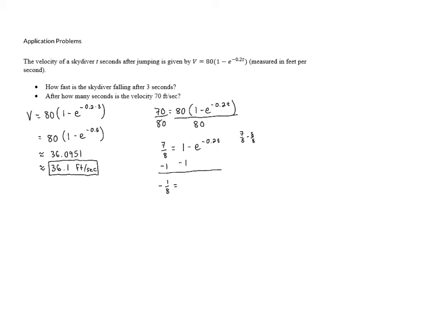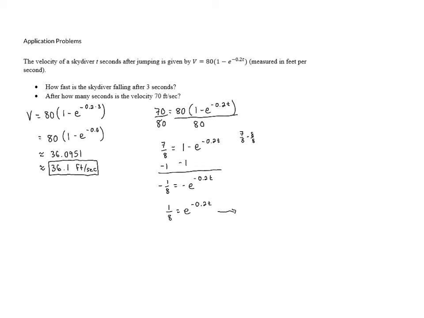So we've got negative 1/8 equals negative e to the negative 0.2 t. And we want to get rid of the negative in front of the exponential expression, and we can divide both sides by negative 1. That effectively gets rid of both of these negative signs. So we've got positive 1/8 equals e to the negative 0.2 t.